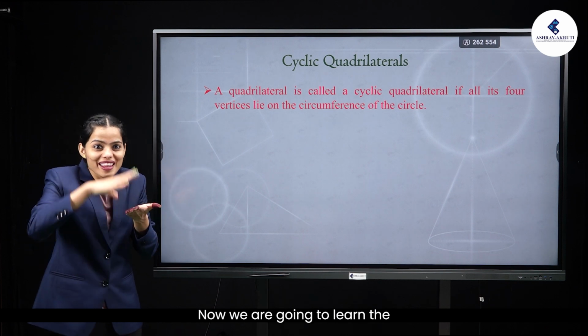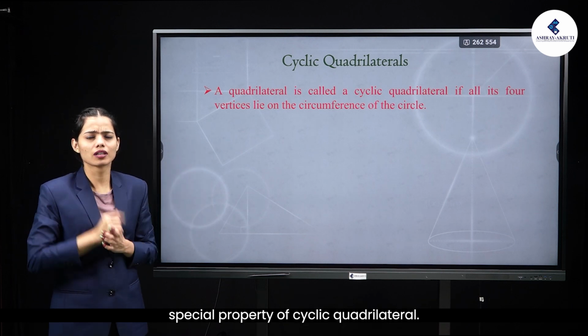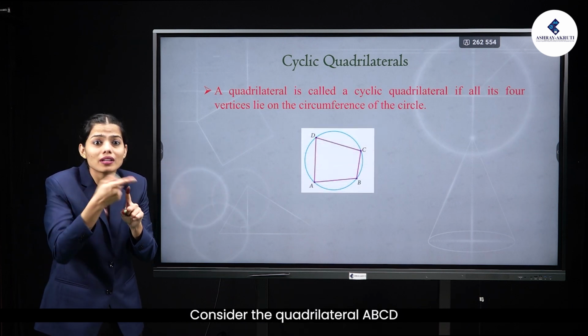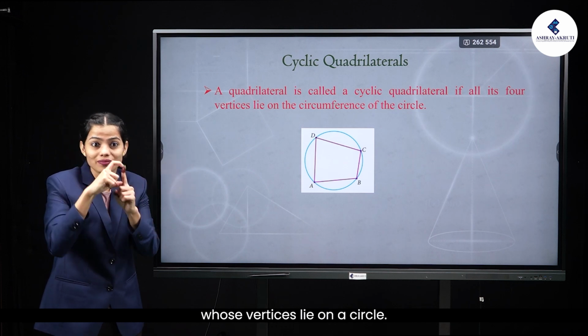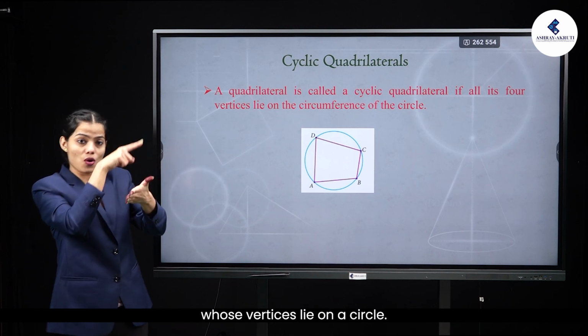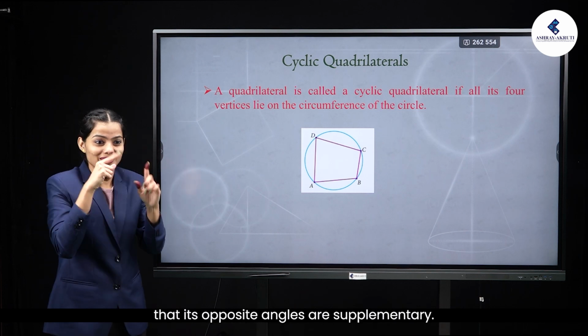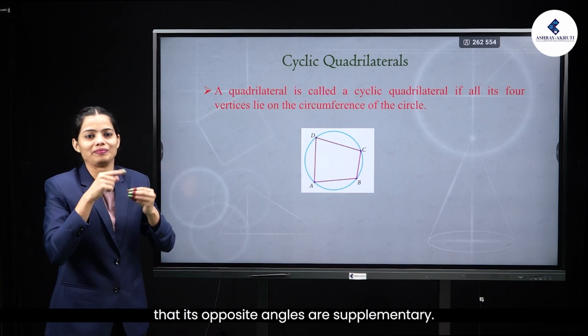Now we are going to learn the special property of cyclic quadrilateral. Consider the quadrilateral ABCD whose vertices lie on a circle. We want to show that its opposite angles are supplementary.